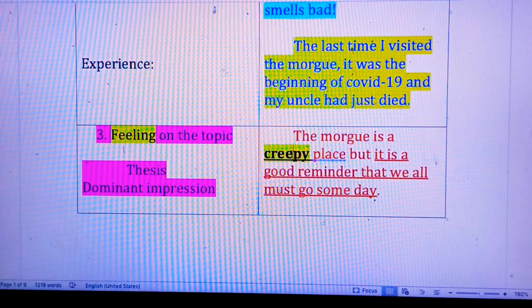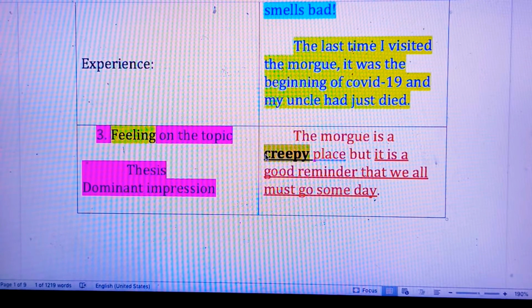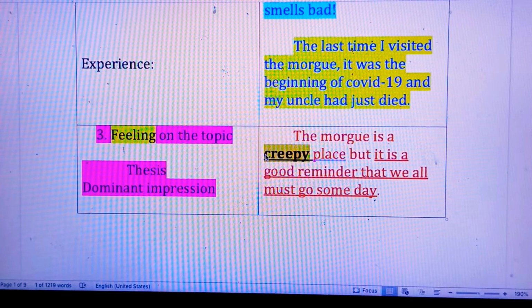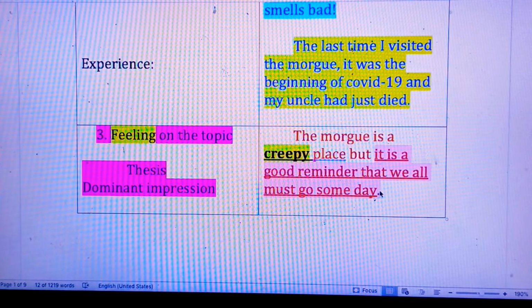So it's very important that you use a word that is going to help us to picture what is going on in your mind. In addition to using an adjective, the student also gives us a theme, or a message.